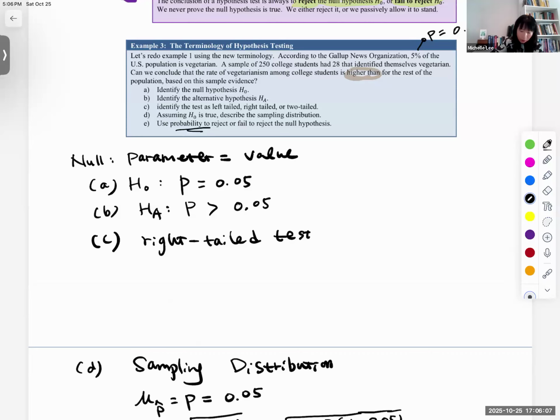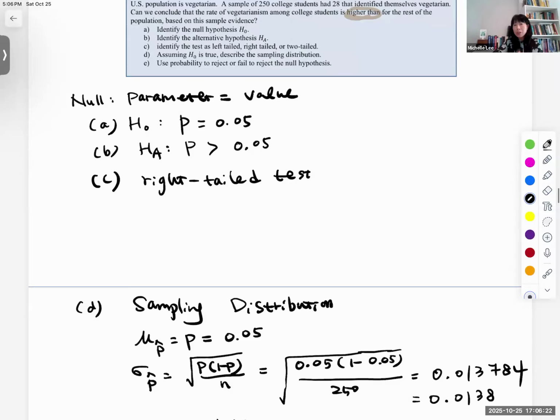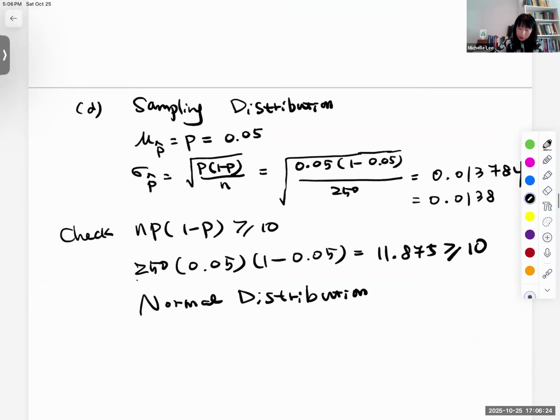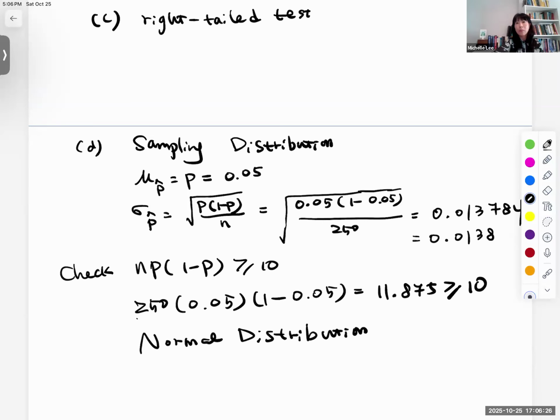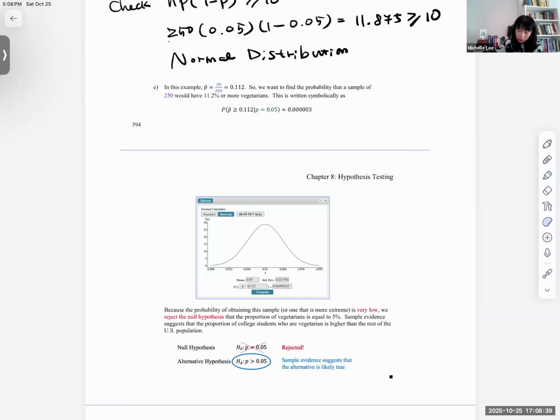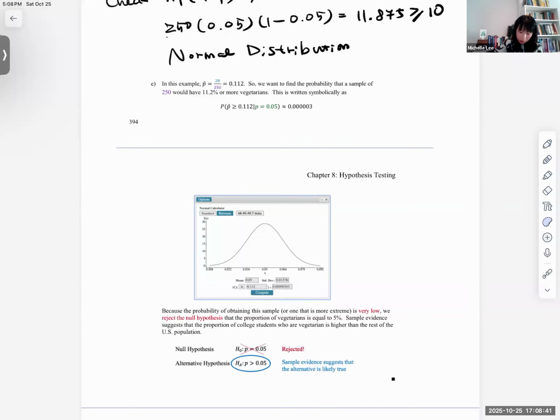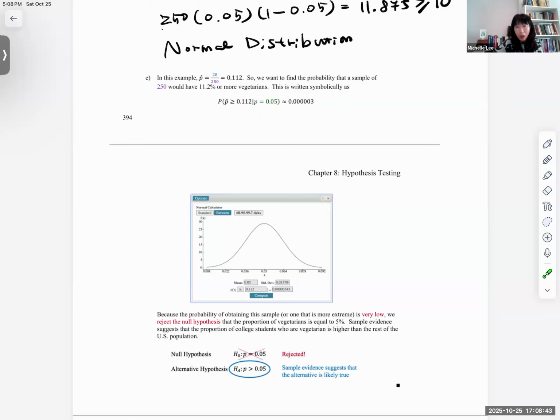Okay, so we use probability to reject or fail to reject the null hypothesis. Okay, let us do StatCrunch. No, let's just take a look. Just take a look at this one because we know how to use StatCrunch, right?